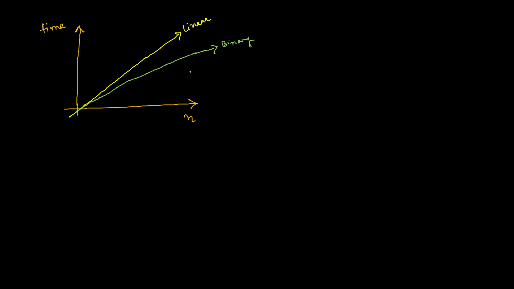So naturally you can say from this graph, since this curve is measuring the performance with respect to time, that binary search is better than linear search.